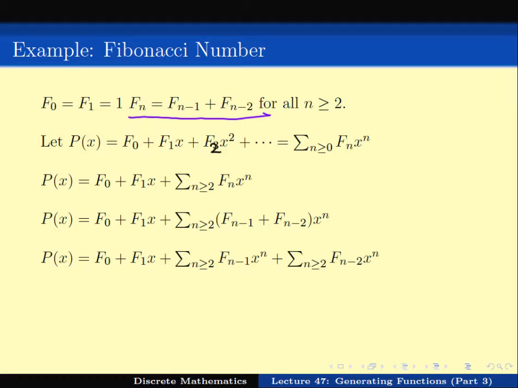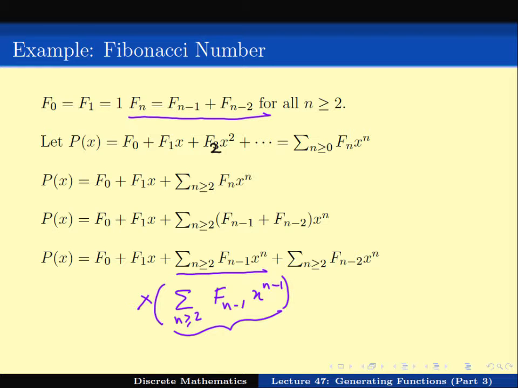Now, like we did for many things, let's look at this first term. So in fact, we can go back one step. What is this one? If I take out x, this is x times the summation for n greater than or equal to 2 of Fn minus 1 times x power n minus 1. So what is this term?